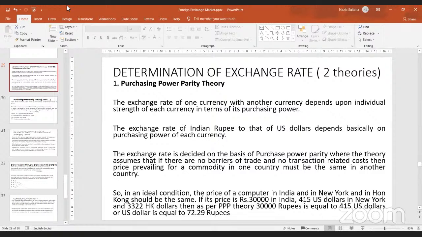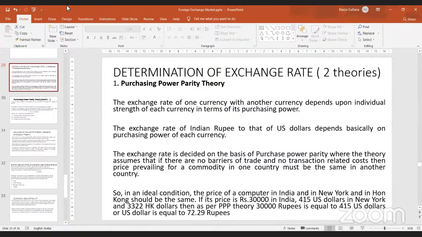We are not saying in international currency. Don't get confused here. If one basket of vegetables is being bought by me in India for 1,000 rupees, the same basket of vegetables should be bought by me if I was in the US by spending $12, because $12 is equal to 1,000 rupees. That is the assumption here, where there are no barriers to trade.